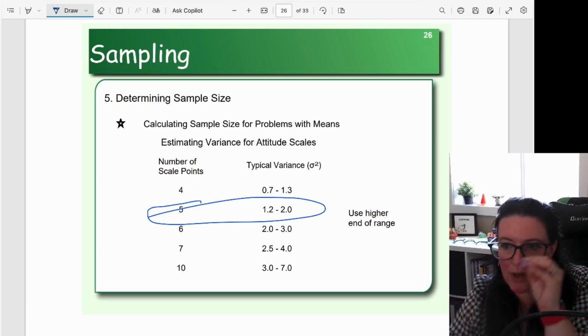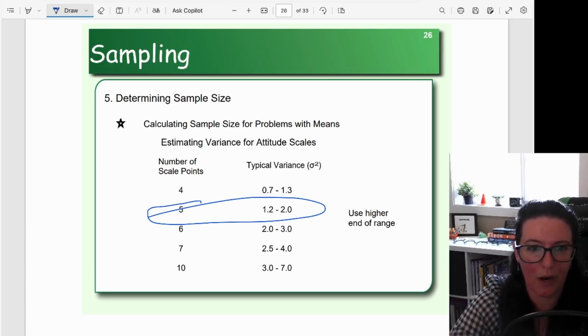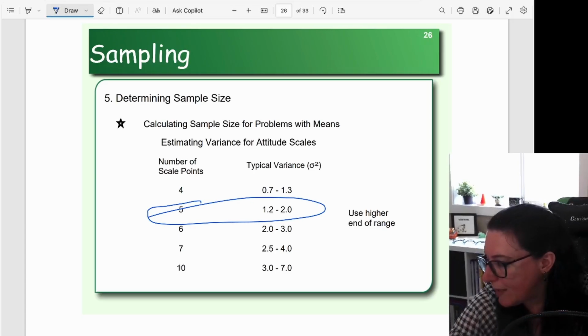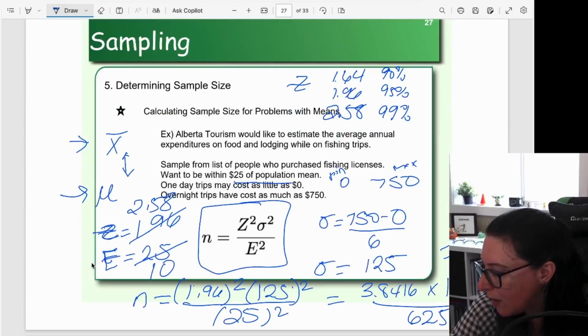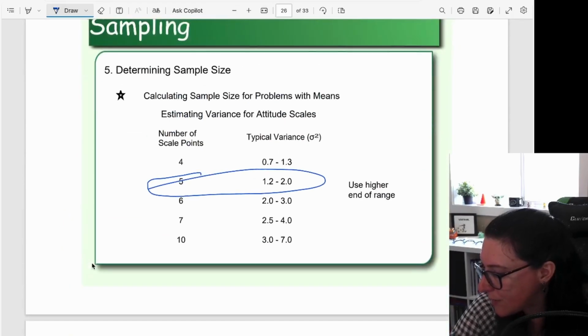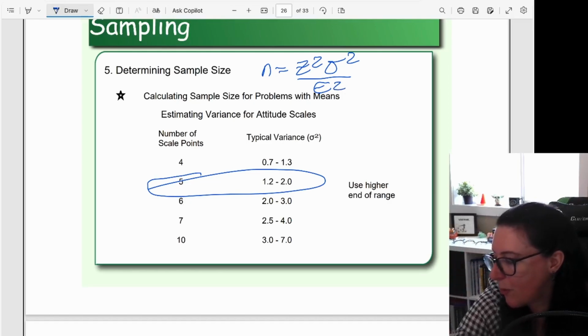So very dissatisfied, somewhat dissatisfied, neither, somewhat satisfied, very satisfied, right? 5-point scale. All right. So in order to do this, we need that same formula that we had before. We need n equals z squared, sigma squared, divided by your sampling error squared.